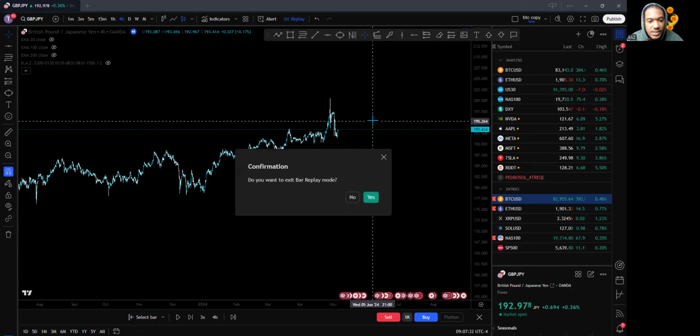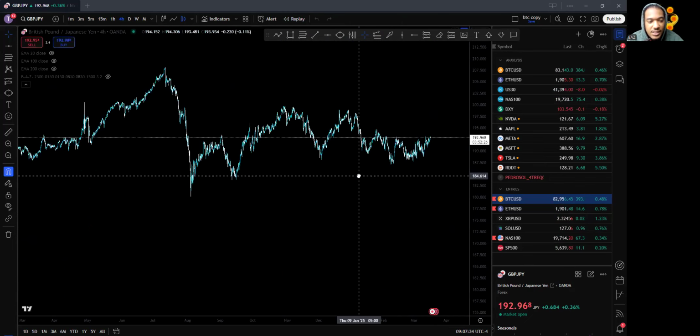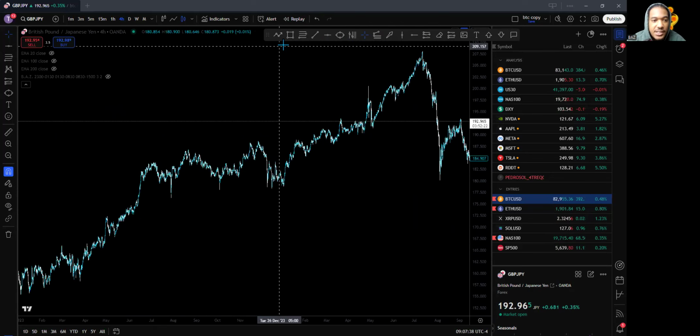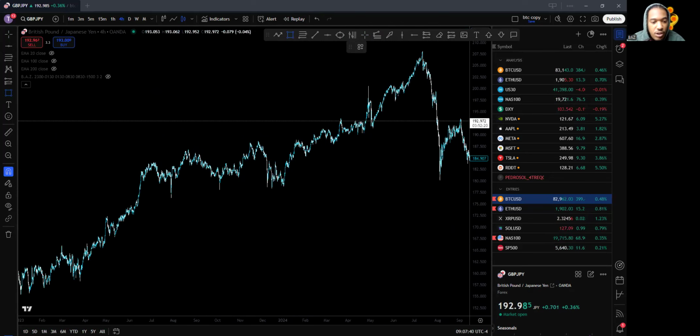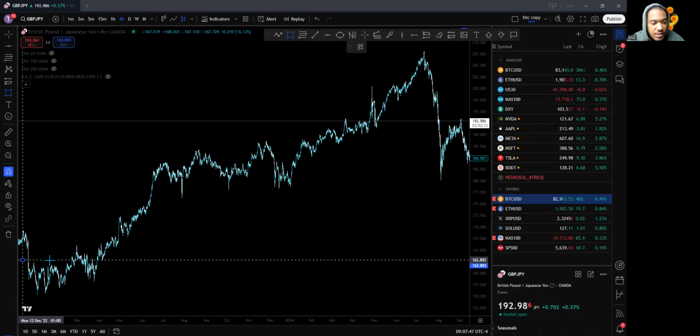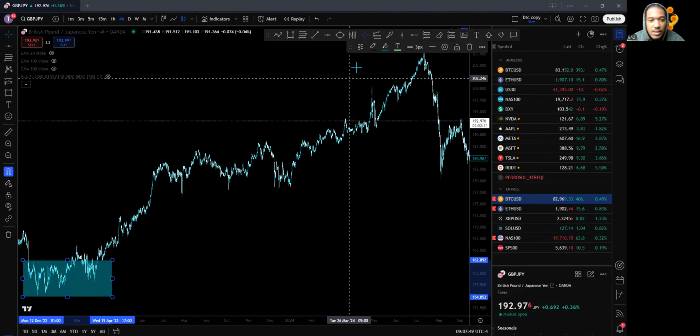A little bit further. What I really want to find is an area of consolidation. We'll mark up a box, and the box is just saying, hey, this is where price was. This is a nice one over here. I like this one.